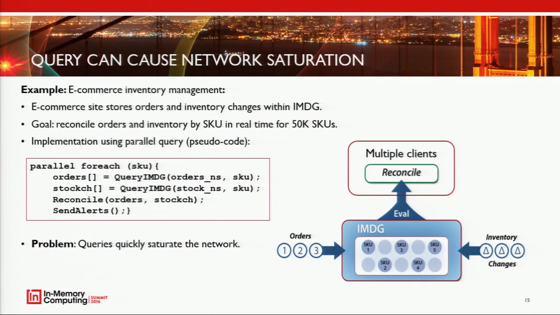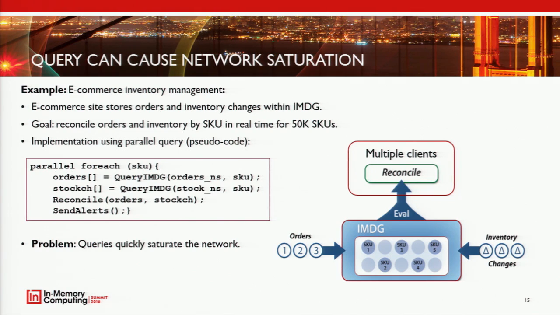So they had approximately 10 or 12 application servers and 10 or 12 servers in the grid, and they would dole out the 50,000 SKUs to these application servers, and each application server would then, for its SKUs, do this for each. It would first query all of the orders, query the stock, and then do its reconciliation. So what does that lead to? It leads to order n-squared overhead, and therefore it didn't work very well. And it was completely saturating the network.